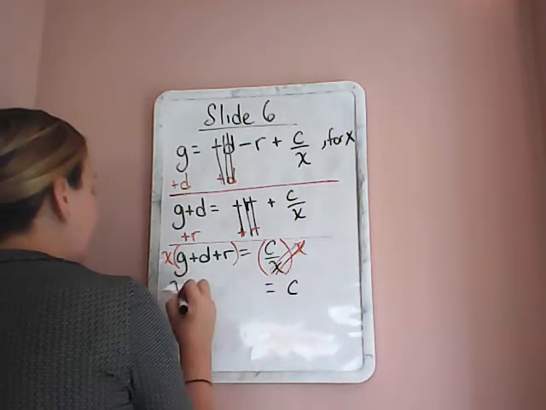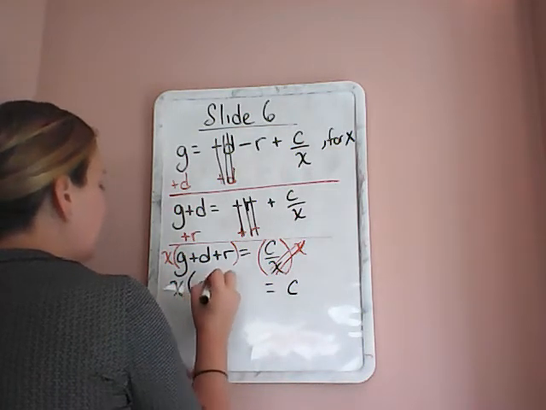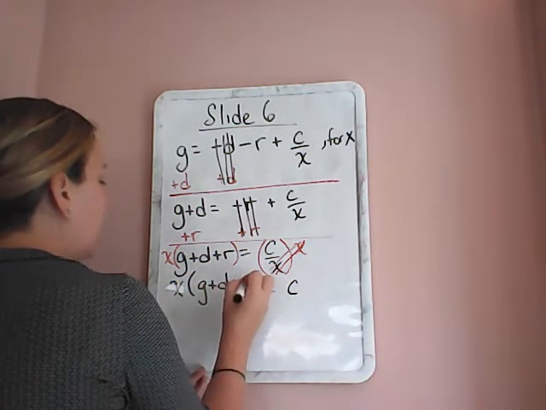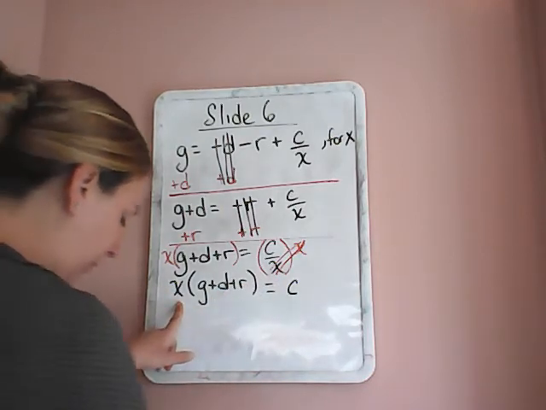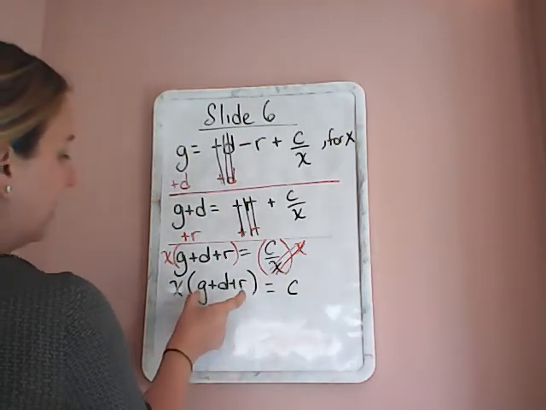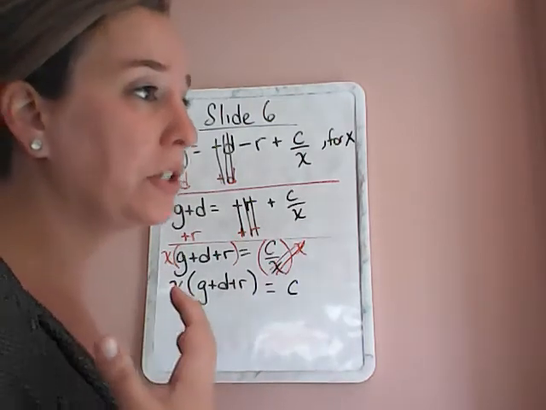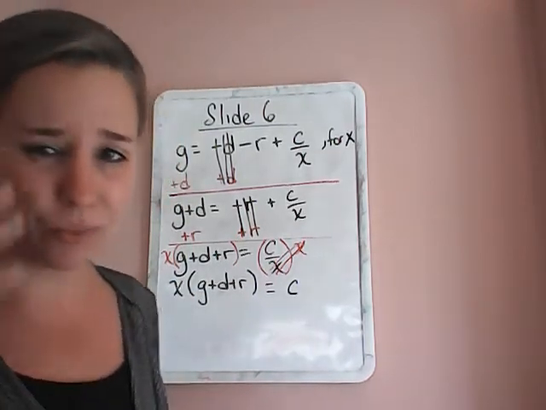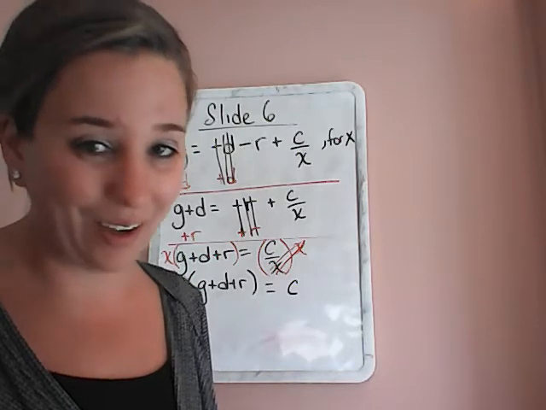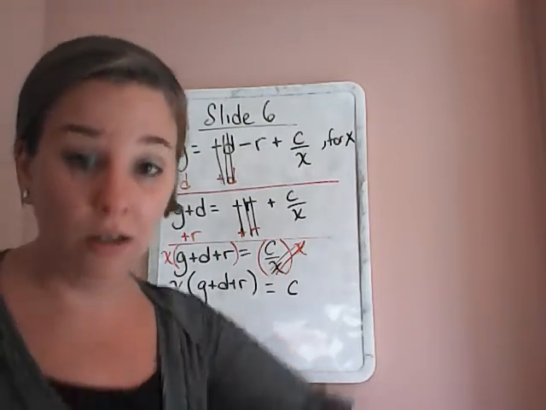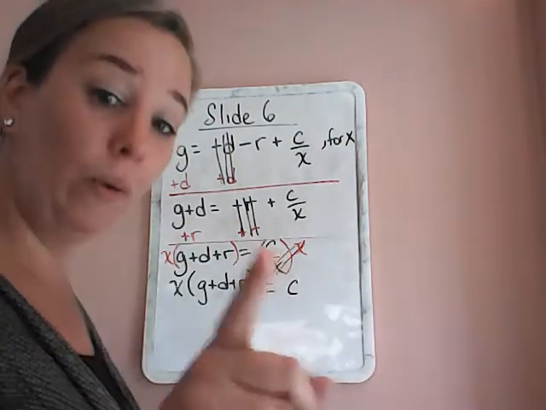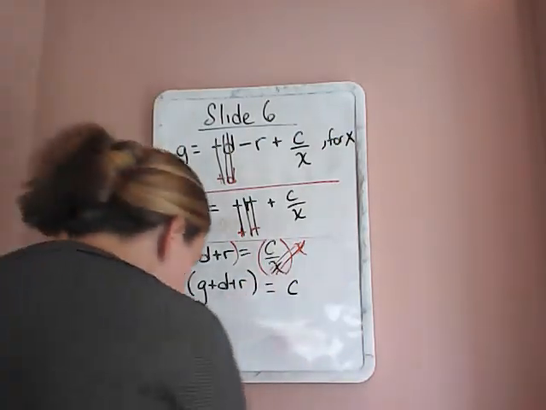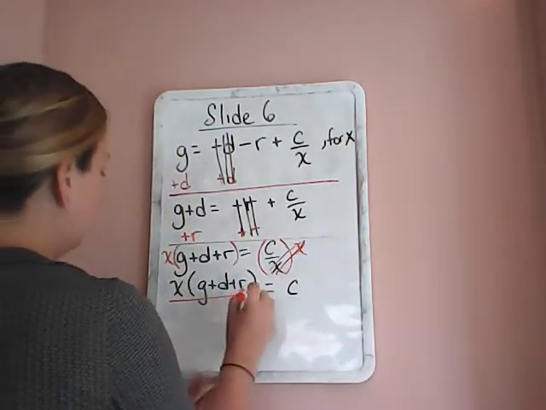And then over here we have x times g plus d plus r. And the x is what we want to get alone. And x is being multiplied by this whole thing. Normally, if you were solving a regular equation with numbers, we would have added those numbers together and be dealing with a 7 or a 12, but we can't. What we can do is take this entire thing and divide it off.